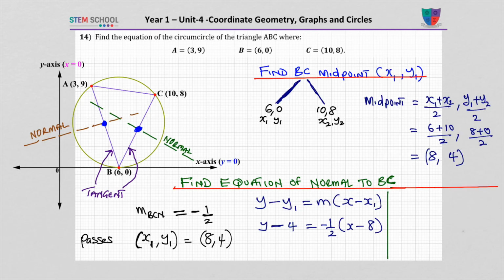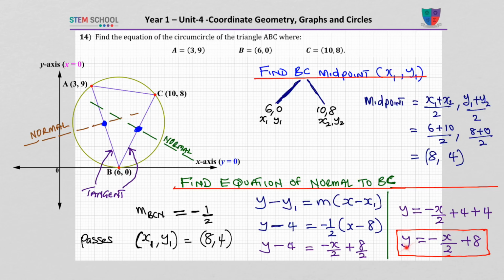Now I've plugged in the values here. Y1 is 4, so y minus 4 equals minus a half, open bracket, x minus 8, close bracket. And that equals y minus 4 equals minus x over 2, because minus a half times x is minus x over 2, plus minus a half times minus 8 is plus 8 over 2.